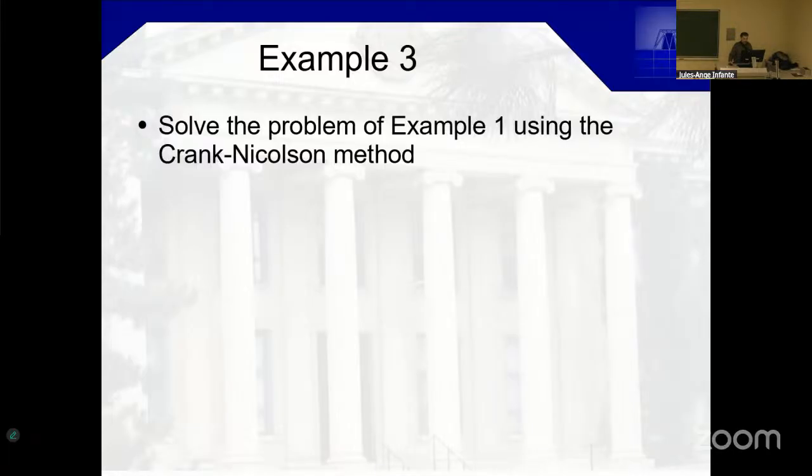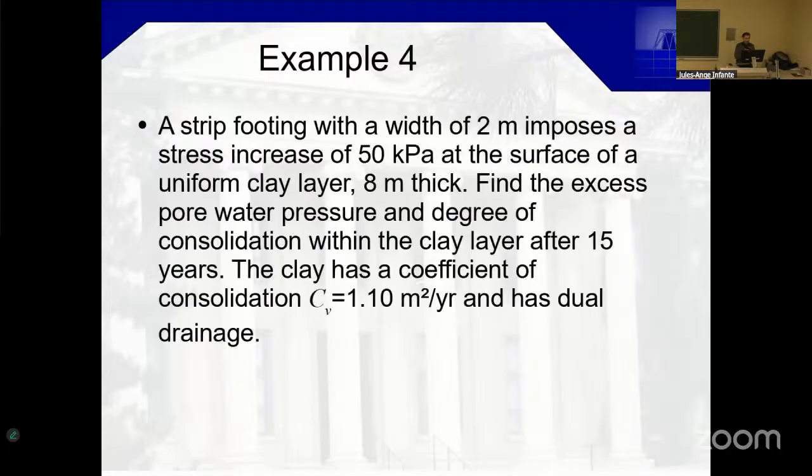oh yes, the strip footing. We're gonna start talking about the strip footing and how we're gonna handle that solution. As we saw the problem in 1D, now we're gonna look at the problem in 2D.